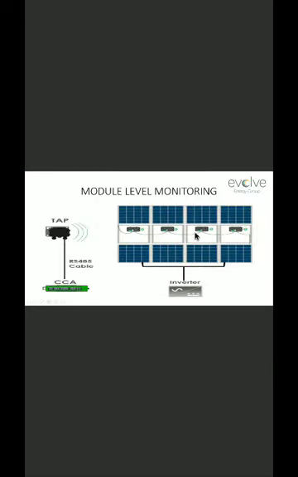This is module level monitoring. When you are going for module level monitoring or you need the rapid shutdown feature, you need these two devices, the TIGO Access Point and the CCA. The communication between the TAP and the optimizers is wireless, and the TIGO Access Point to Cloud Connect is hardware communication. Then the CCA will upload all the data via Wi-Fi or LAN to the cloud.